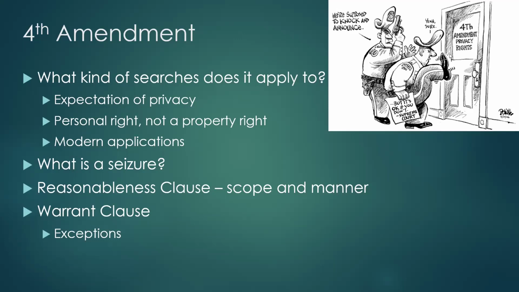Now, the Constitution does not state when warrants are required. It just says that when they are required, these are the aspects that must exist. It must be based on probable cause, supported by oath or affirmation, and describe the scope of the search with particularity. But it doesn't say when a warrant is required.